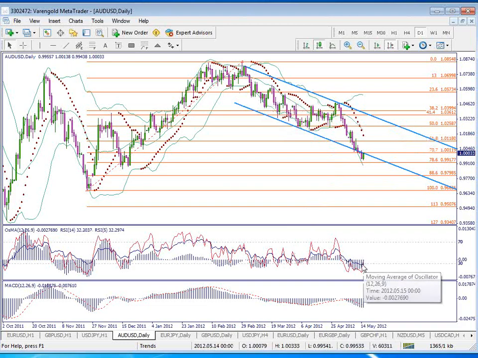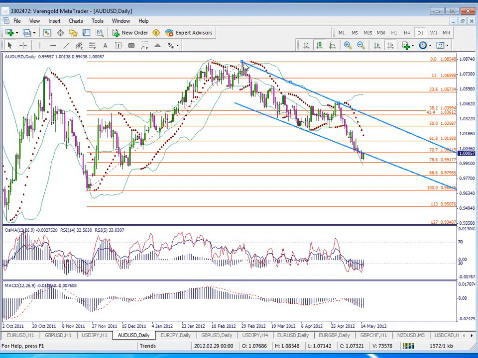I think that it is a little bit too early, and I don't have the confirmation. If I also have the confirmation, if the pair will go to 61.8 or will cross that 70 level, probably in this afternoon, maybe after several hours, we will know if the pair will target the superior line of the channel.